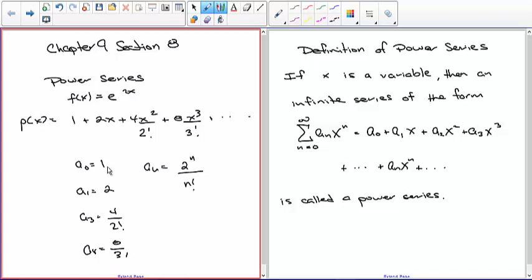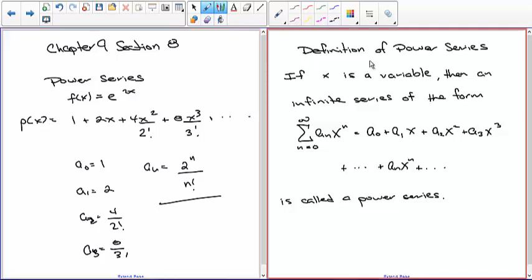So when n equals 0, you get 2 to the 0, which is 1, over 0 factorial, which is 1. When n equals 1, you get 2 to the first power, which is 2, over 1 factorial, which is 1. When n equals 2, you get 2 squared over 2 factorial. So that's the nth term representation for what we did.